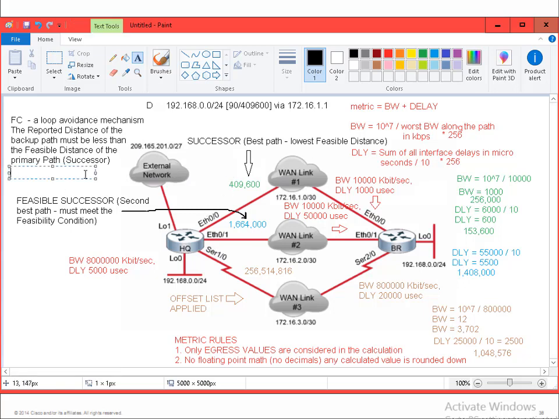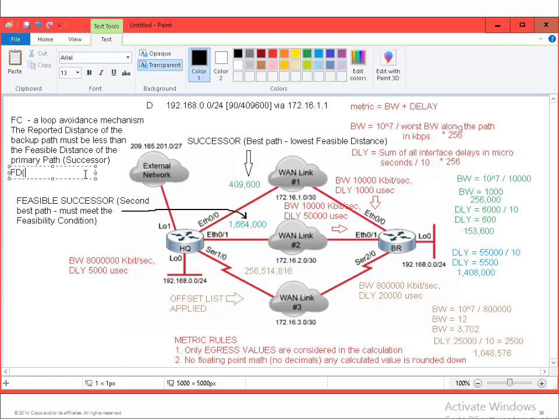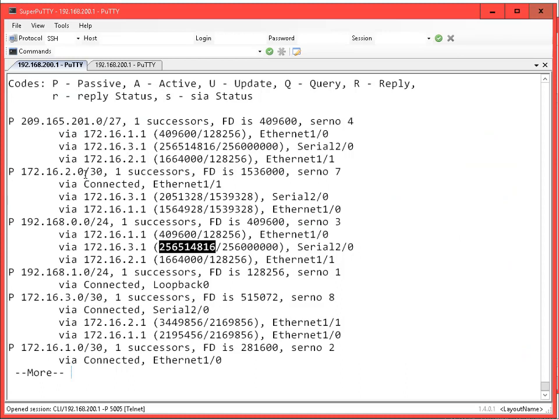So we already know that the feasible distance of the successor is equal to 409,600. You guys agree with that? Feasible distance is the metric, and that's 409,600. The reported distance of the feasible successor path, in this case, do you guys remember what it was? Well, we can see that in the topology table here.